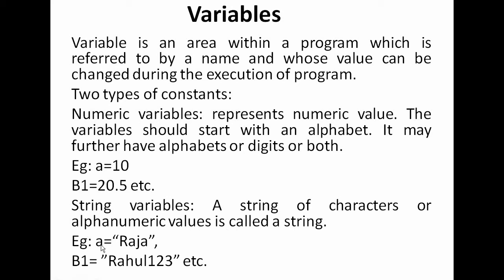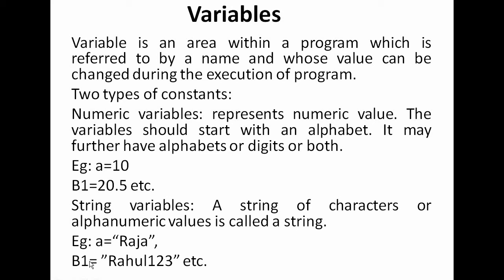For example, here as I said A is a variable. But what kind of variable? It is a string variable. Why? Because it is holding a string value here. And a string comprises double quotations, and inside the double quotation I have my own name, and my name is stored in a particular place called A. So here A is a string variable.